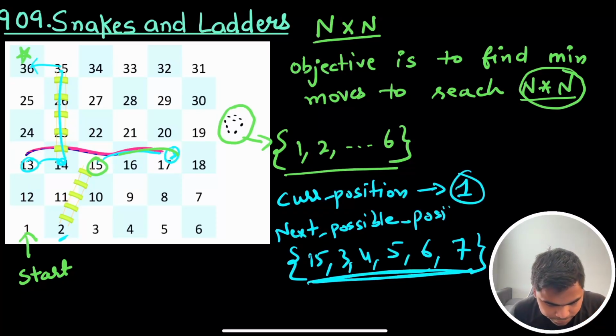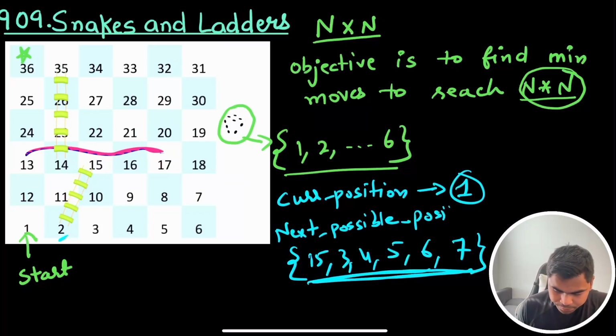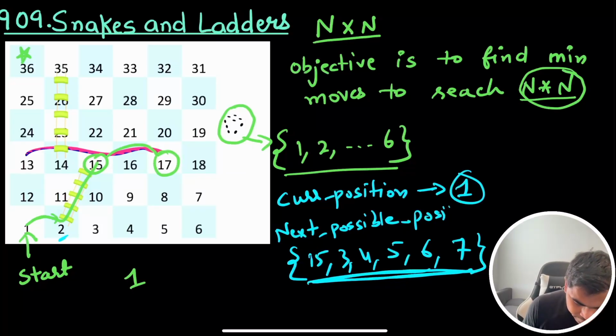Let me clean it up, it's getting dirty right now. So what's really happening, from 1 we took the next move to 2, but that's not just one move, it takes us directly to 15. That is my first move. Then from here I go to 17, getting 2 on a dice. See, we are not playing the game here, we are trying to find the minimum moves. From 17 we have a snake, so it will bring us back to 13.